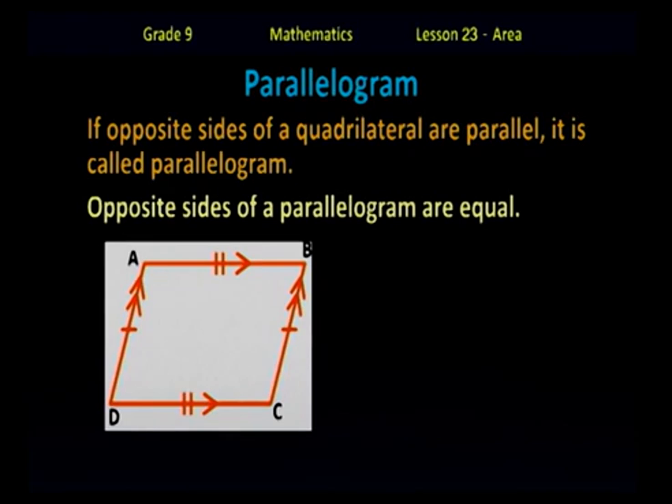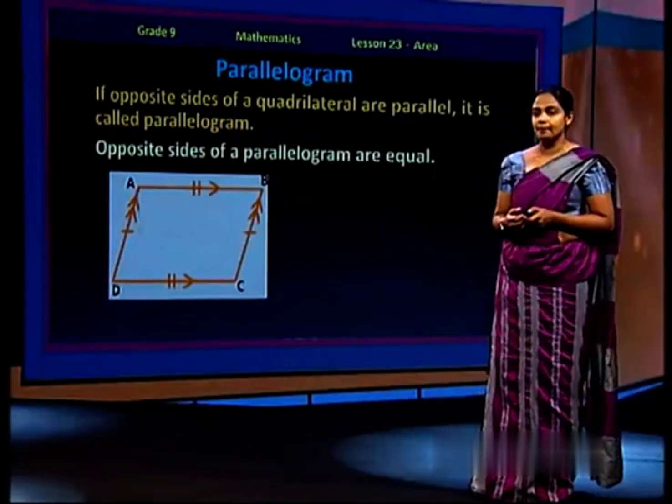If opposite sides of a quadrilateral are parallel, it is called a parallelogram. What is a quadrilateral? If there are 4 sides, then we can call it a quadrilateral. So if opposite sides are parallel, then it is a parallelogram, and also opposite sides are equal.